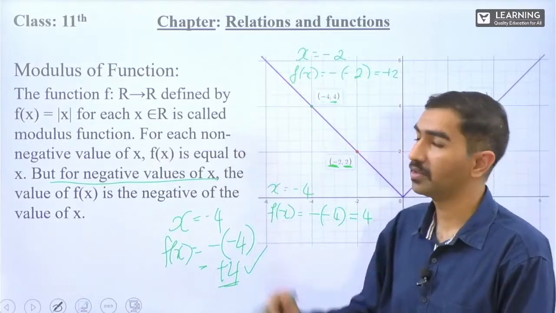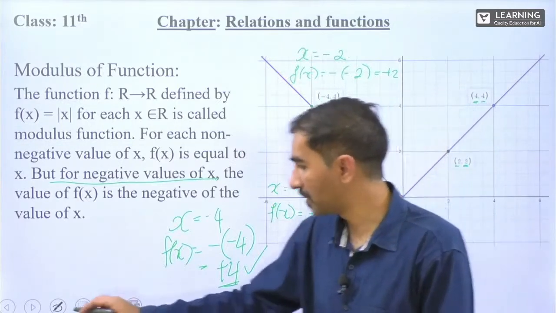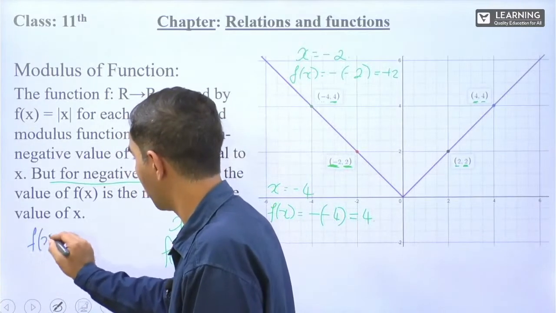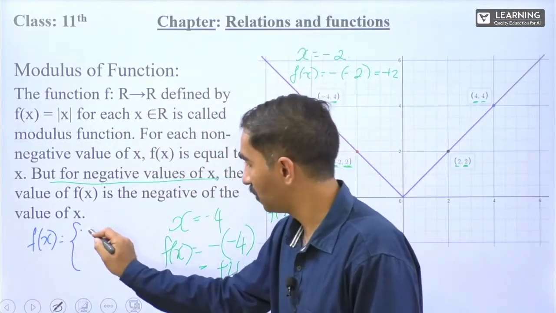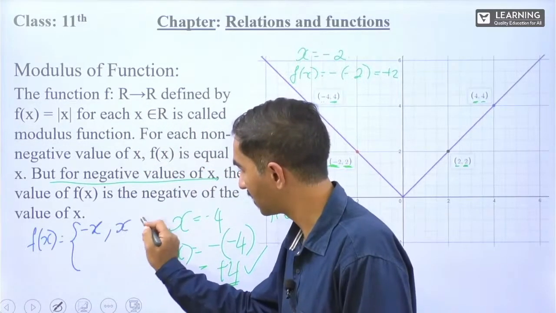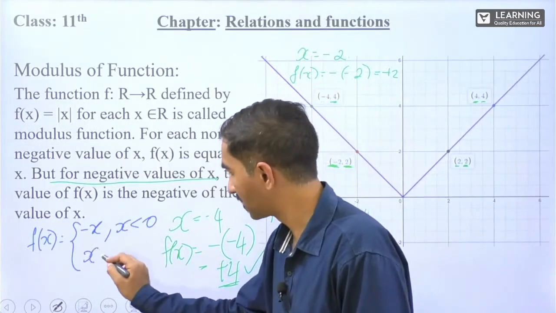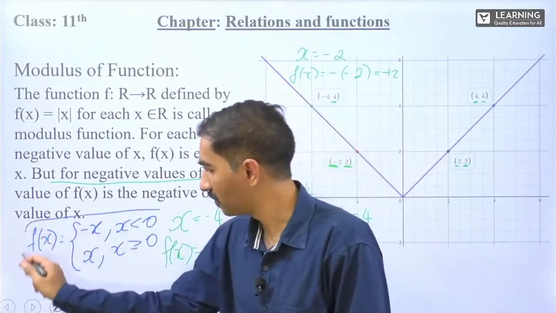And this is how the modulus of the function is defined. Another term which you can remember here, so I'll just write down here: f of x is equal to negative of x if x is less than 0. F of x is positive of x if x is greater than or equal to 0. So this is also one of the terms.